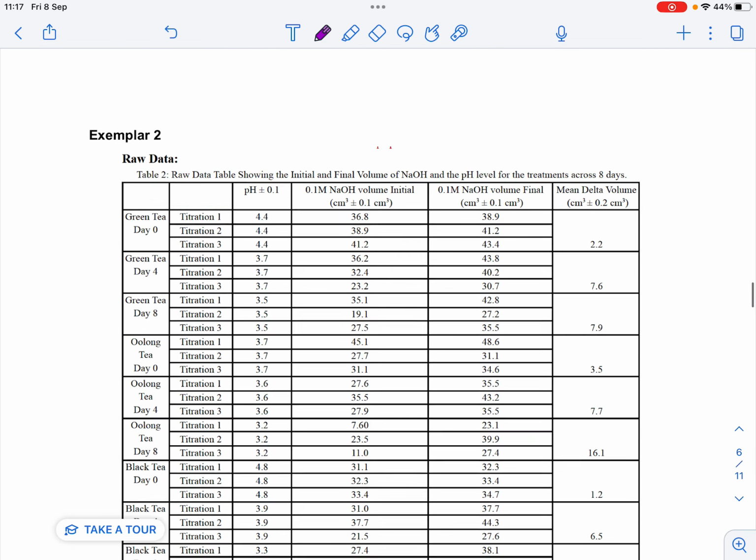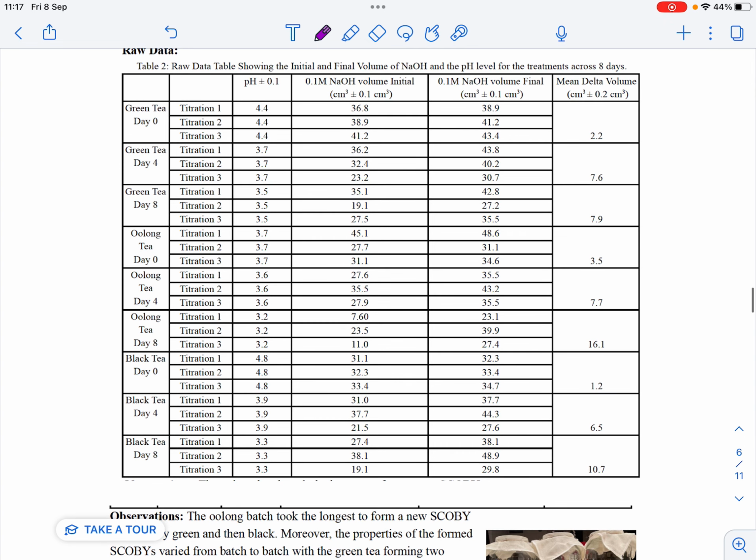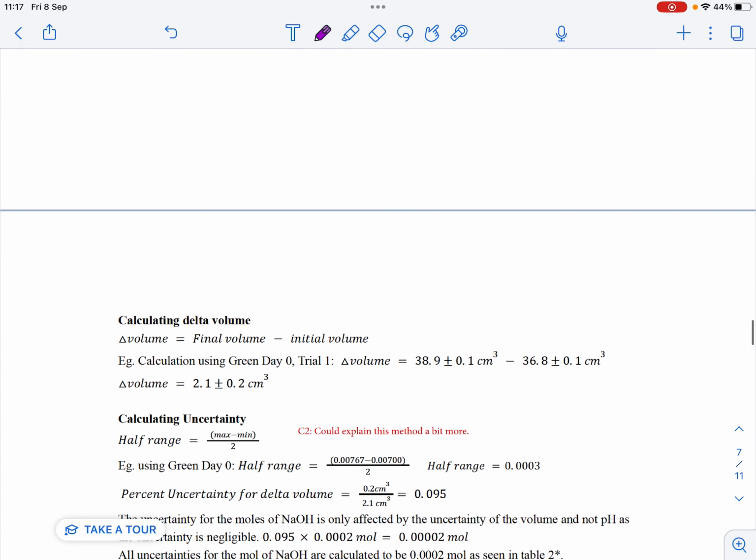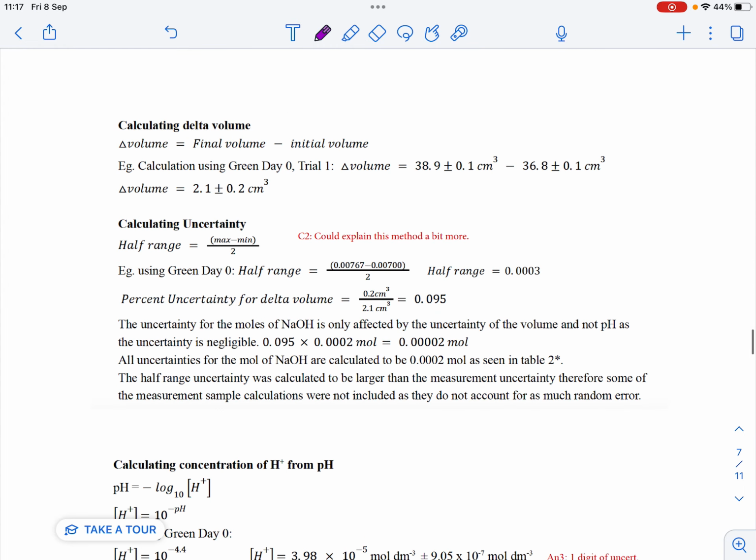Just to show you quick some other examples. So this is a different full data table, right? Again, really clearly labeled, consistent precision, uncertainties, units, labels, observations that included a picture for this one. Then just a different way to do calculations.